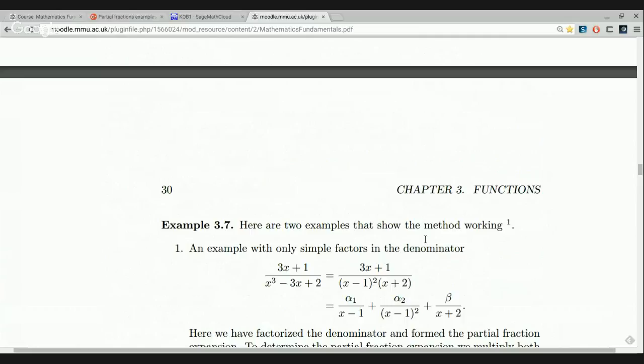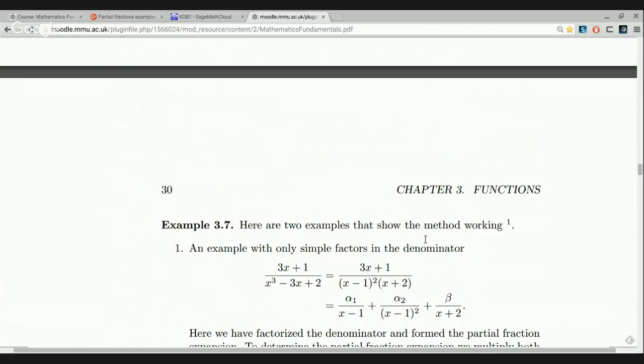And then using the general method described on the previous page, such a rational function will have a partial fraction expansion which appears like this. We'll have some constant over x minus 1, some constant yet to be determined over x minus 1 all squared, and lastly a third constant over x plus 2.